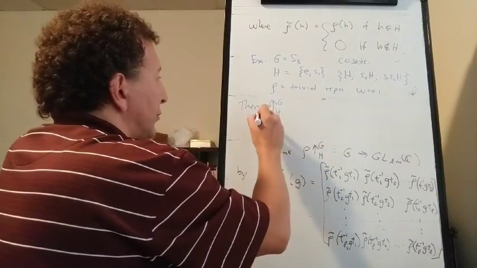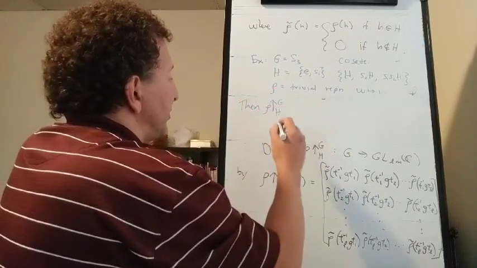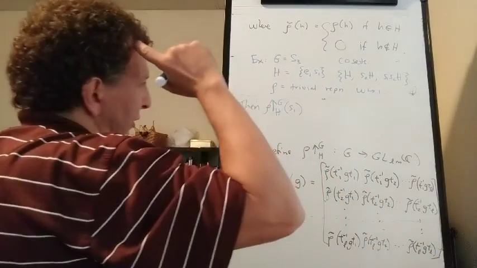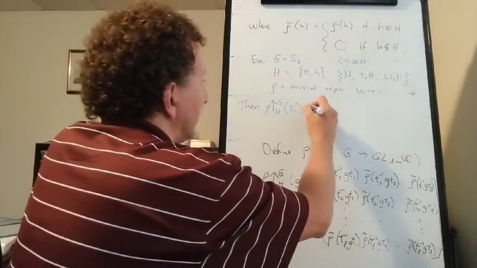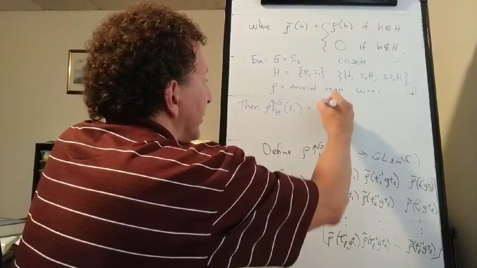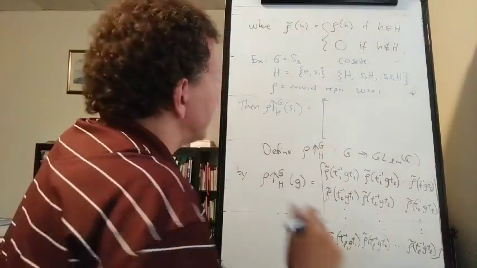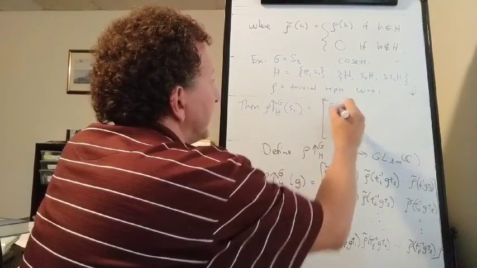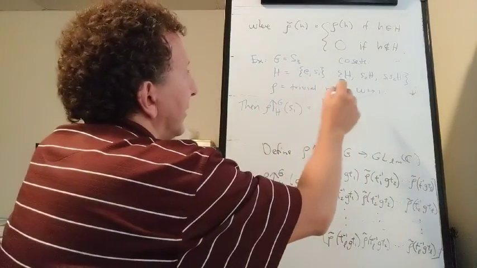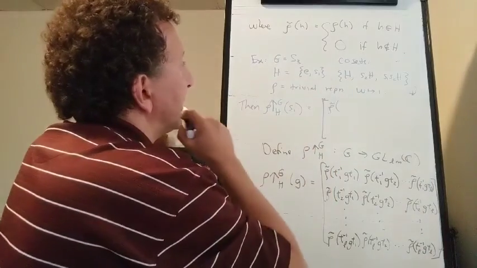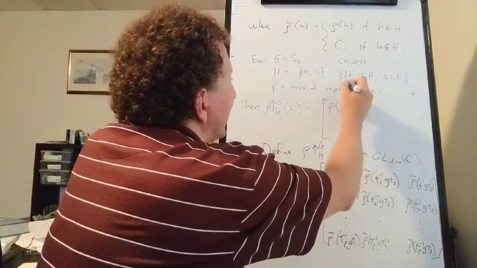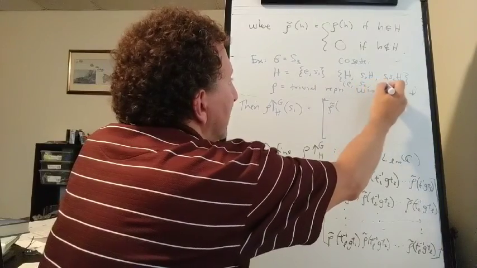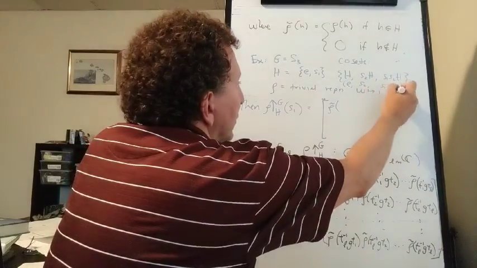Then if we induce rho from H to G and apply that to, let's say, the transposition little s1, then we get rho hat. I didn't write down the transversal, but the transversal, maybe it's obvious, is e, s2, s1s2.